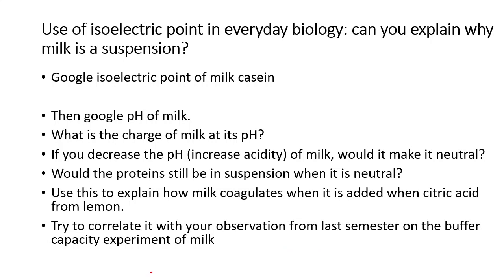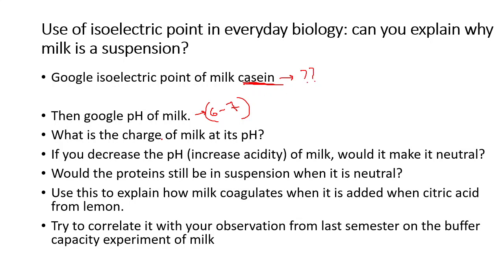So what is the use of isoelectric point in everyday biology? We can use it to explain how milk is a suspension. Milk is composed predominantly of the protein casein. So you need to first Google the pH of the milk and find out what it is. It's going to be around 6 to 7, but I'll let you find out what precisely it is. Then find the isoelectric point of milk casein.